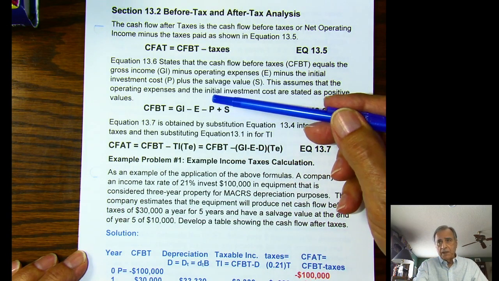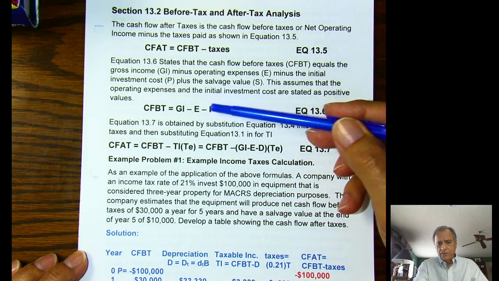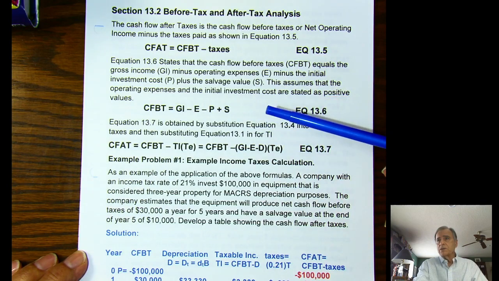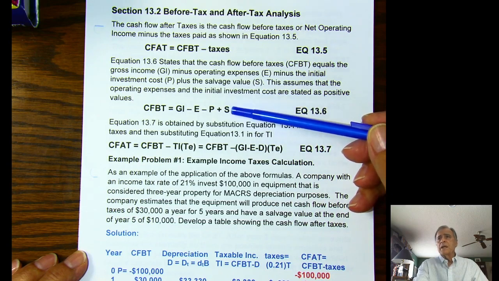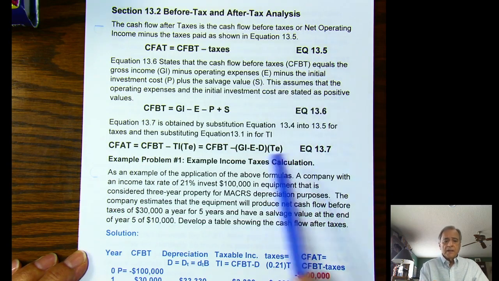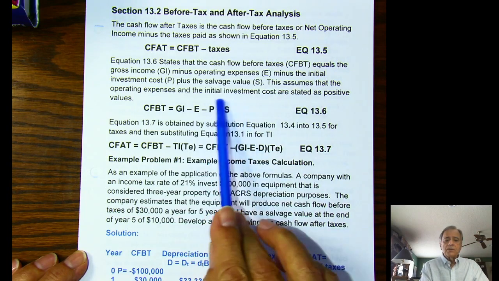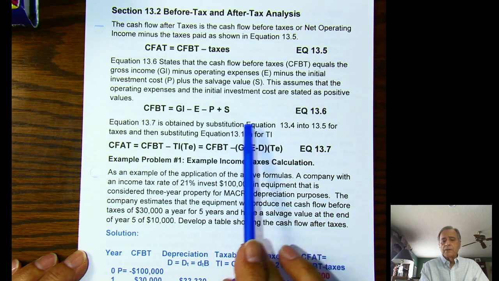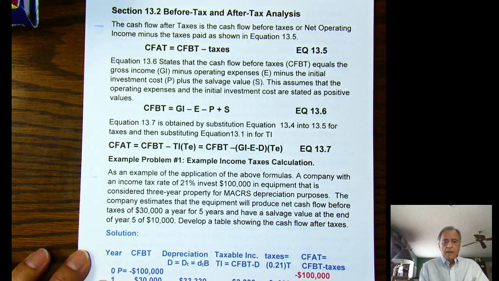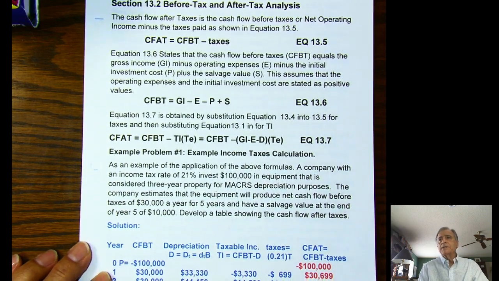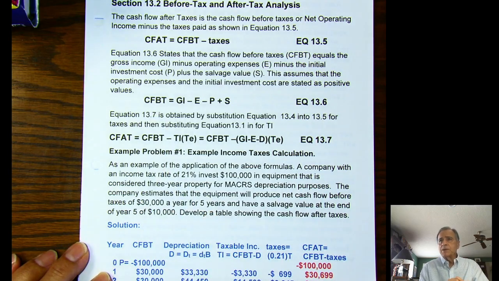I'll have a separate line at time 0 for the cost of the investment, and a separate line at time N for the salvage value. Again, because these two things are not operating income. They are part of capital recovery. So that's equation 13.6 that gives you cash flow before taxes.